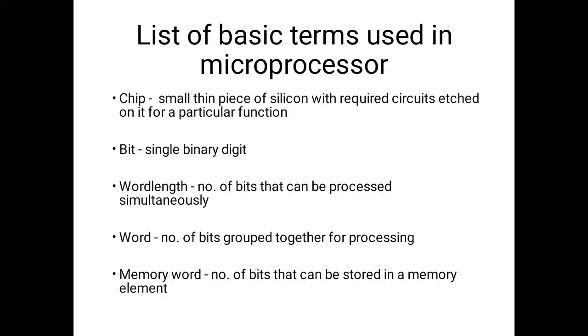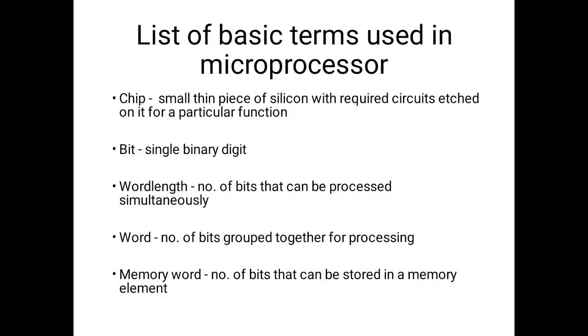The next term is word length. For users' convenience, input and output devices use decimal digits, alphabets, symbols, special characters, images, etc. They are all converted to binary codes or formats consisting of binary digits 0 and 1 internally for processing by the CPU.